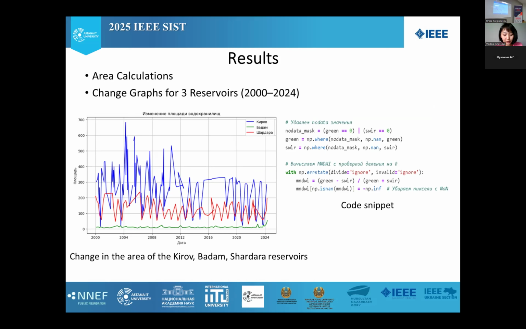For the calculation, the SWIR was used, which provides more accurate detection of water bodies in built-up and mixed landscapes. Three reservoirs were selected as objects of study: Kapshagay, Shardara, and Kirov. The graph demonstrates the change in reservoir area over the years.